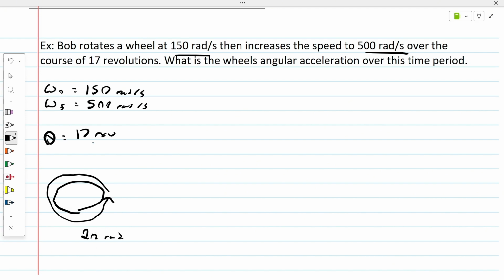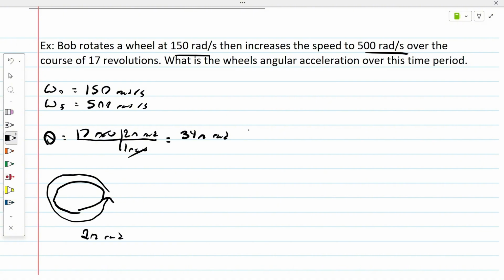So we can just do a normal unit conversion and say in one revolution, there are 2 pi radians, and these revolutions will cancel out. This will equal 34 pi radians, and that'll be our angle. You have to make sure you're in radians, or your other quantities would have to be in revolutions, but we'll stick with radians as the common unit.